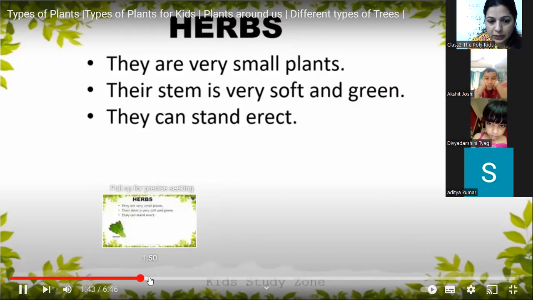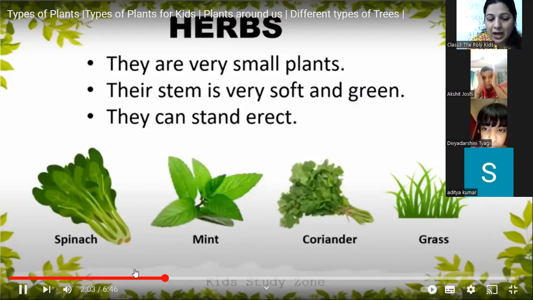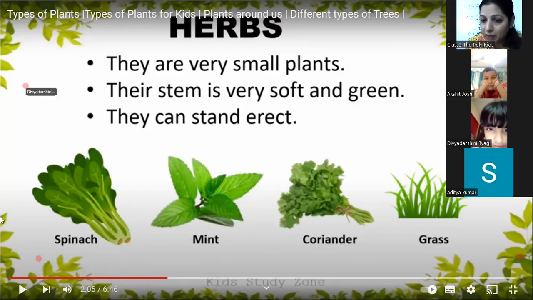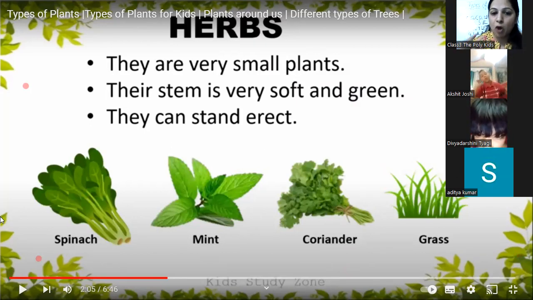The examples are spinach, which is your palak, mint, pudina, coriander, dhania, and then grass. So these are the ones that come under the category of herbs. Small plants and their stem is very soft and green in color.